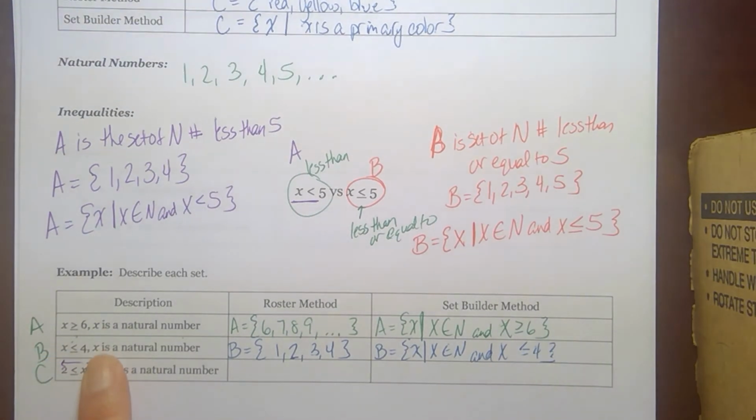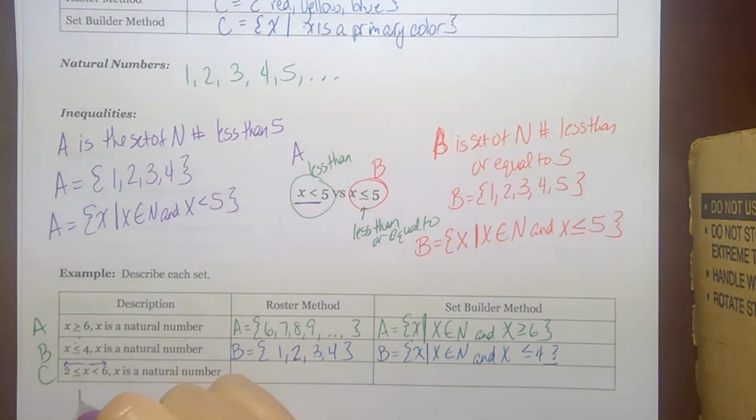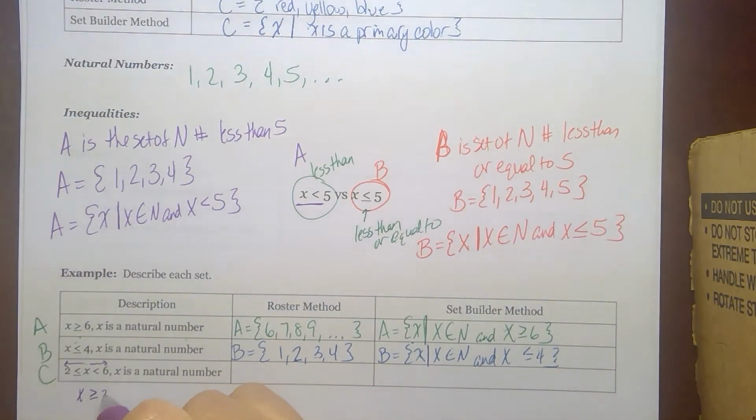But then we've got to look at the other end. Now, when I start reading with the x, it's easier sometimes to turn it around and rewrite it with the inequality symbol facing the same way to the x. Notice that it's open to the x here, it's still open to the x here. When I start reading at the x, I have x is greater than or equal to 2. So I have two conditions here.